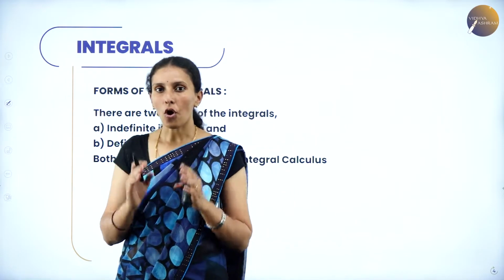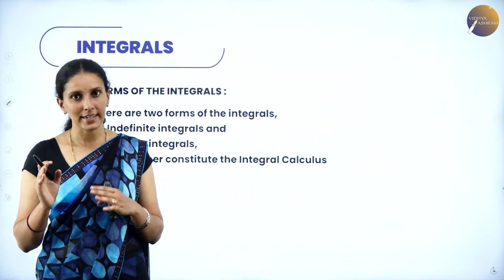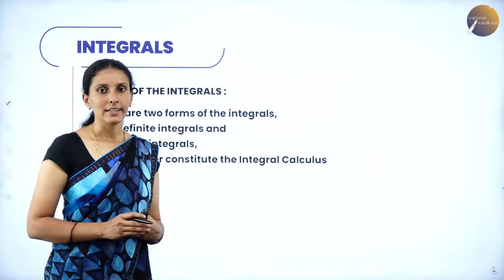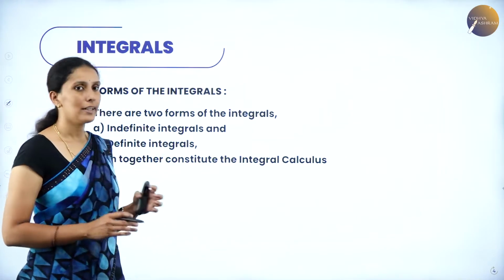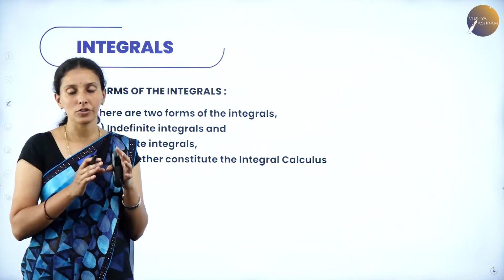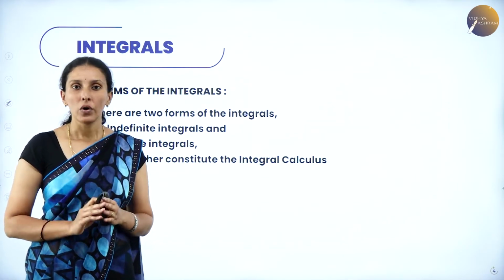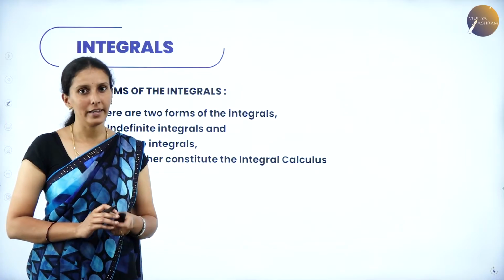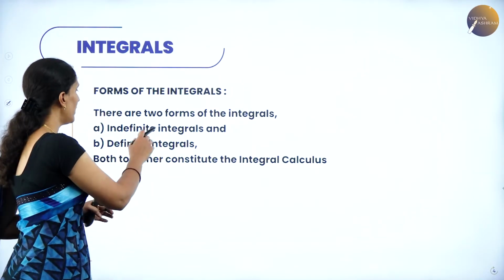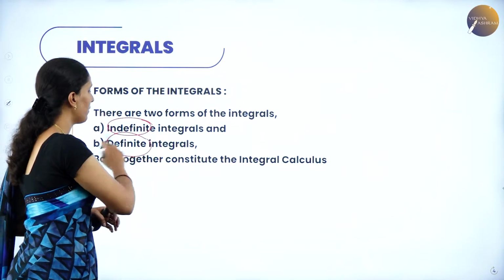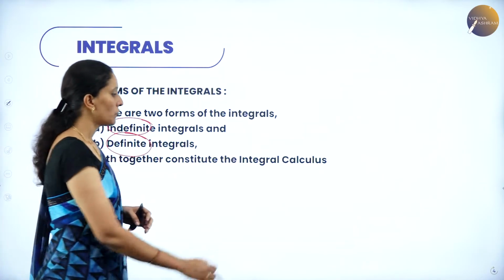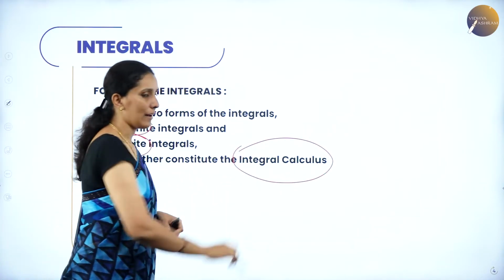Indefinite integrals always end with the constant, which we will study later, and definite integrals will be exactly the function given under the different conditions where we can find the original functions of a given derivative. Both of these, indefinite and definite, constitute integral calculus.